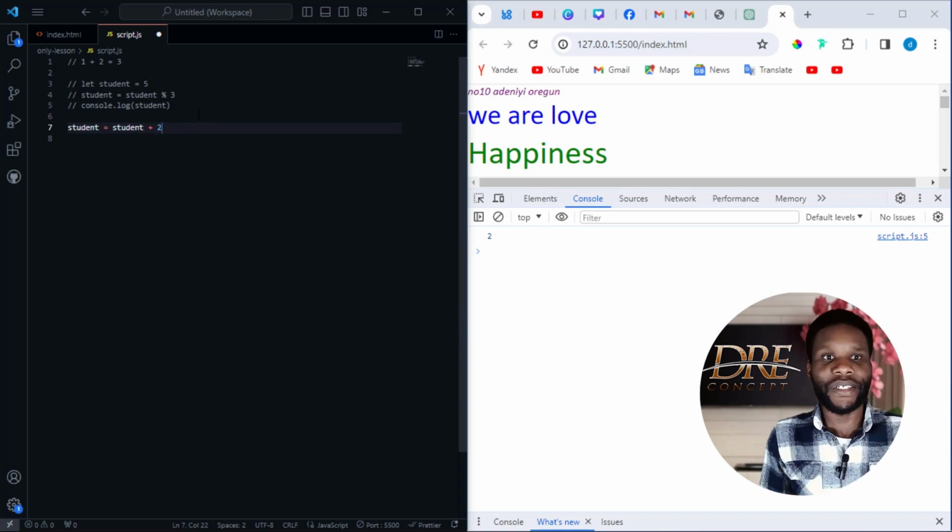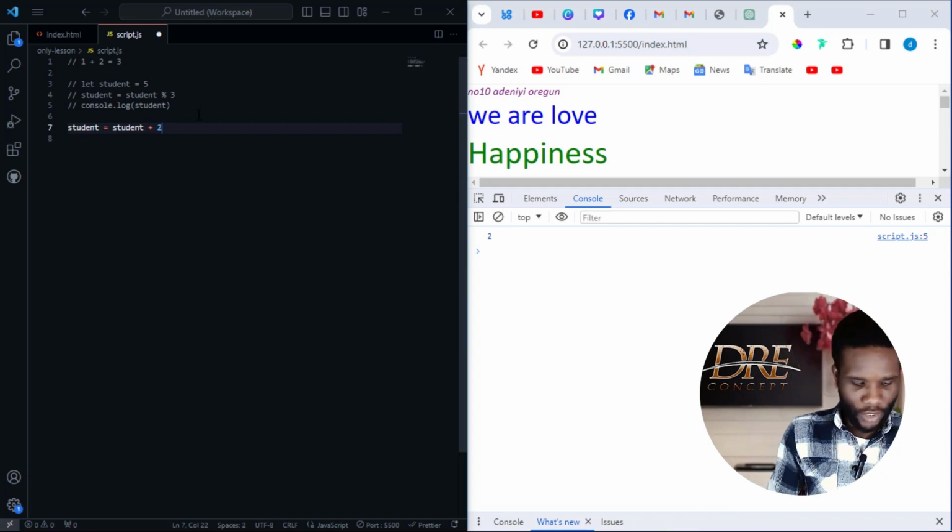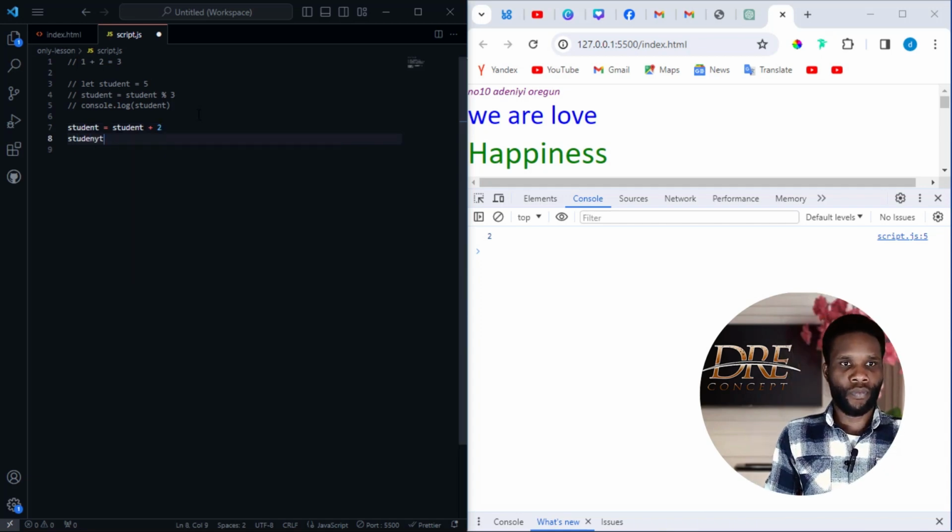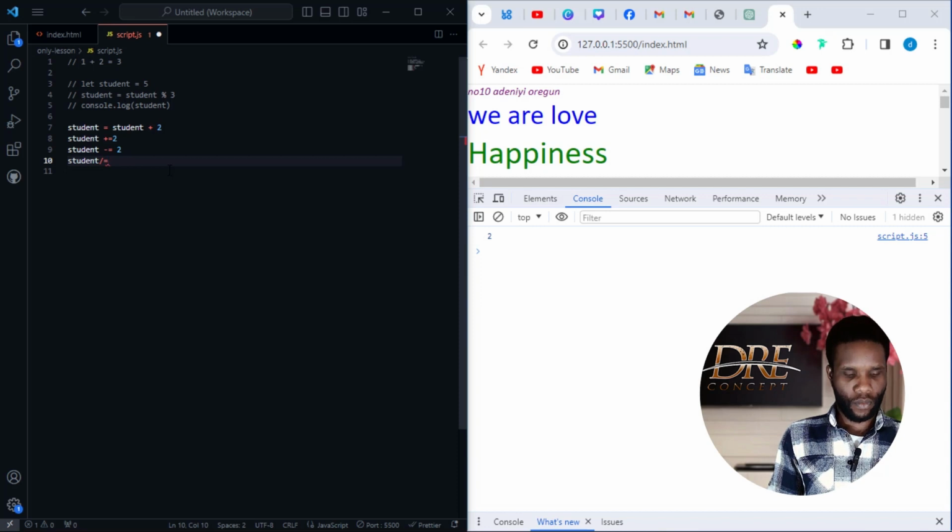Instead of expressing this like this, you can just say student plus equals 2. It can be expressed like this. Or for subtraction, minus equals 2. For division, divide equals 2.